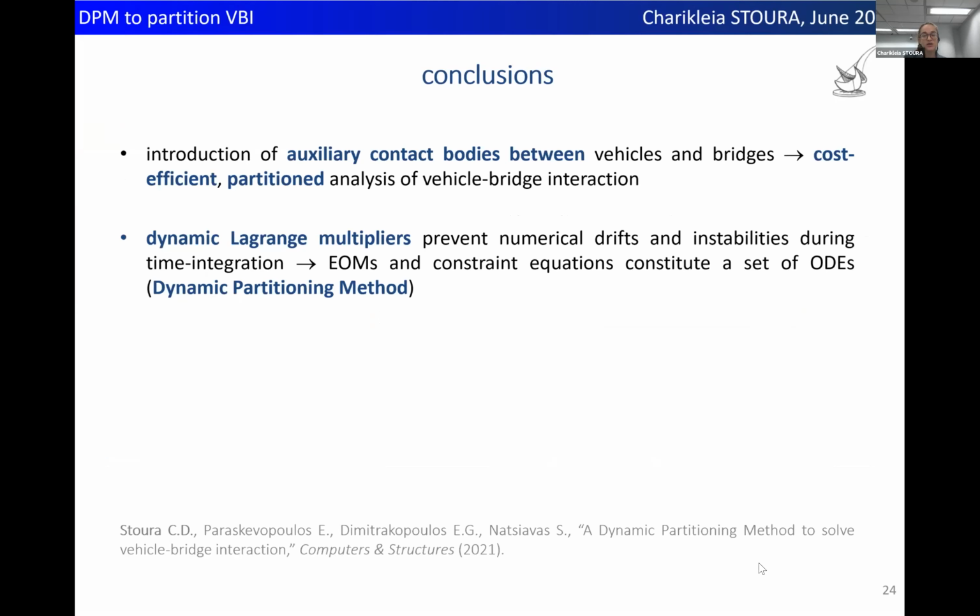This is achieved by introducing auxiliary contact bodies between the vehicle and the bridge, which allows the separate treatment of the two subsystems, which can significantly decrease the computational cost of the analysis. Then, by assigning dynamic Lagrange multipliers, it allows the formulation of both equations of motion and constraint equations as solely second-order ordinary differential equations. This formulation avoids numerical drifts and instabilities, which are typically associated with differential algebraic equations.